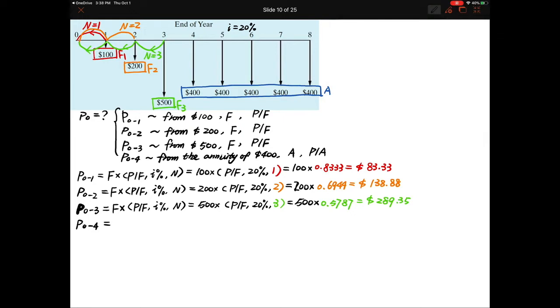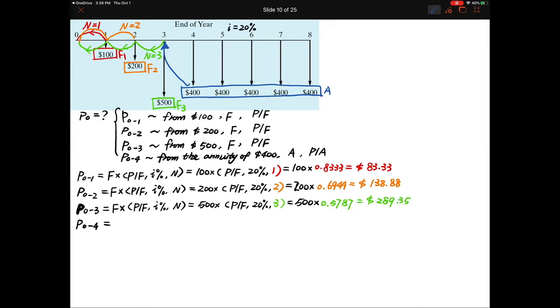Okay, last part is P04, which is from the annuities. But be careful, this annuity begins from the end of the 4th year. So if you use the annuity equation, you only convert these annuities back to a year before when it begins. Make sense? So by the requirement of the equation, you only convert the annuity back to this time.